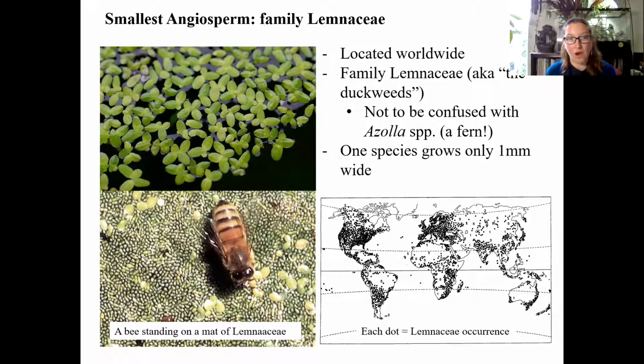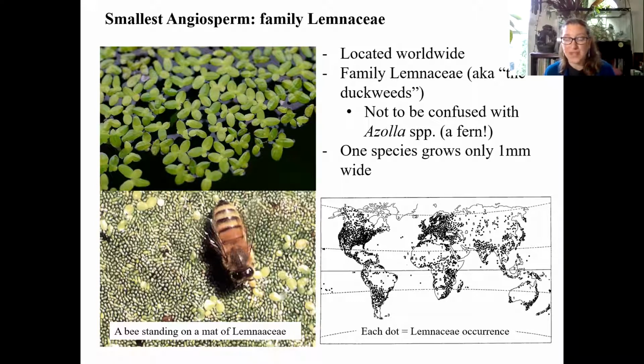That's how small they are. Like Azolla, they also grow in aquatic environments and can form dense mats. And if you look at the bottom right, each of the dots on the map is actually a recorded Lemnaceae occurrence.